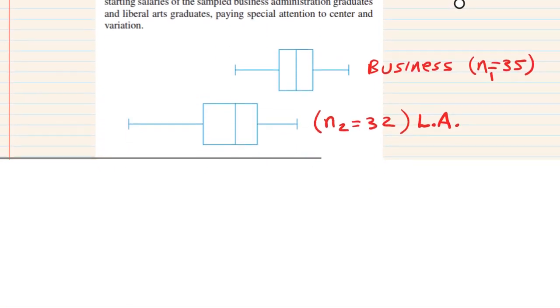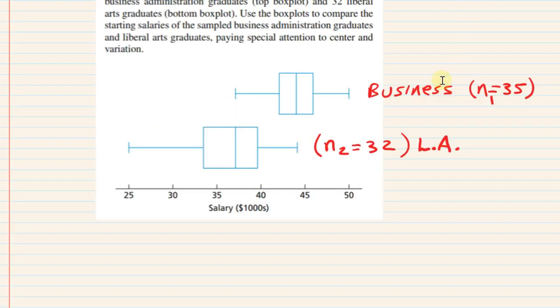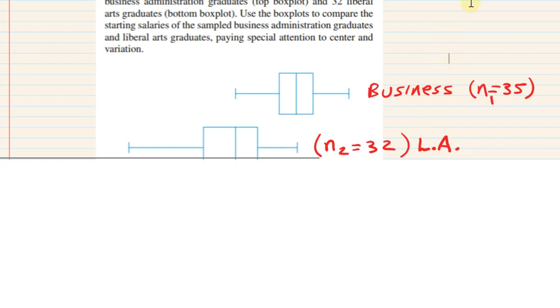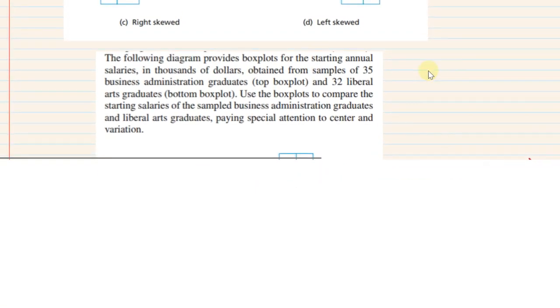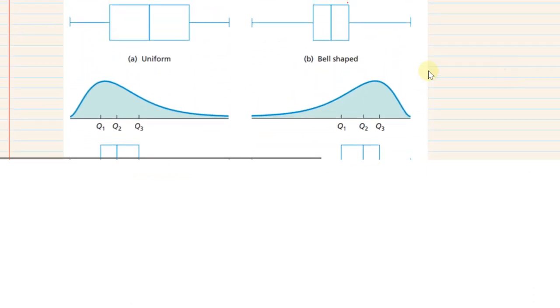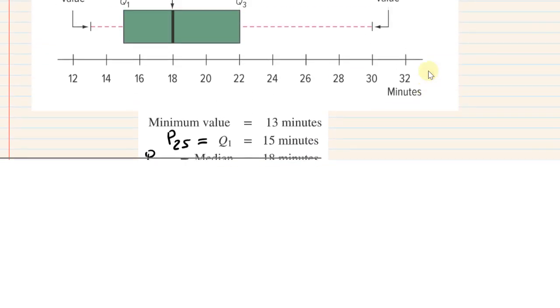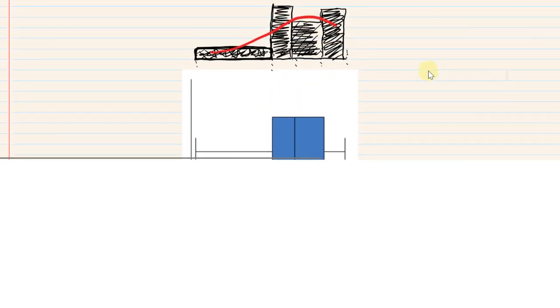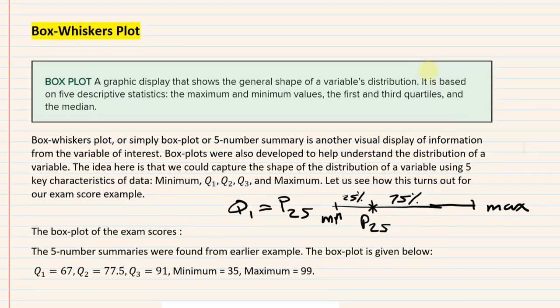Enough said on box plots. Again, these box plots are very important, so that's why we spent so much time on them. So in this section, we looked at dispersion within a box plot. We looked at stem and leaf displays, and we looked at dot plots.